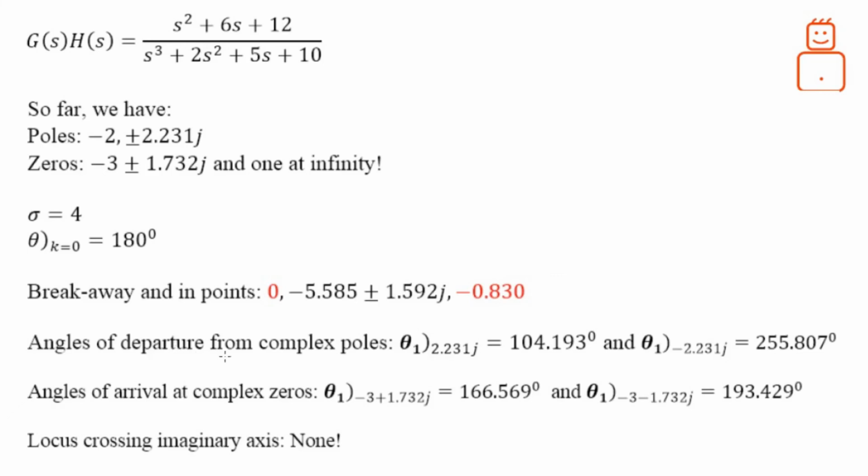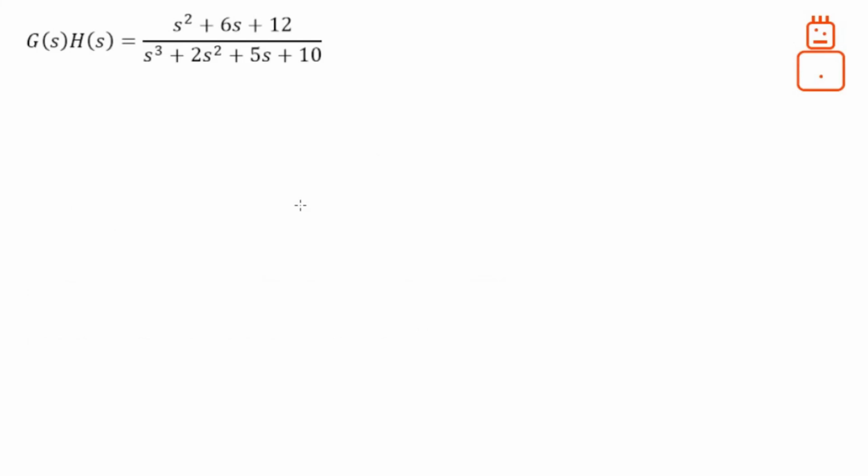We have the angle of departures and angles of arrivals, and we know we don't have any cross with the imaginary axis. Okay, so the geek is confused one more time because we need to assign all of these values on the pole-zero map.